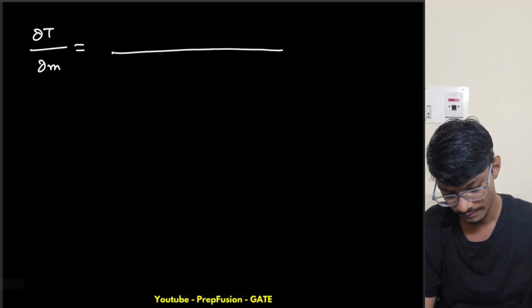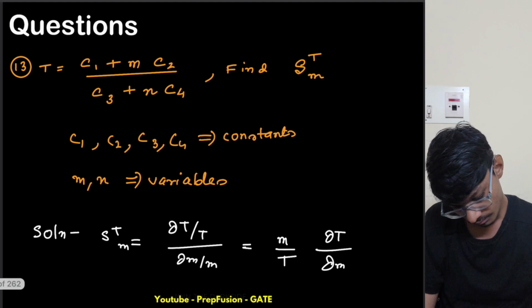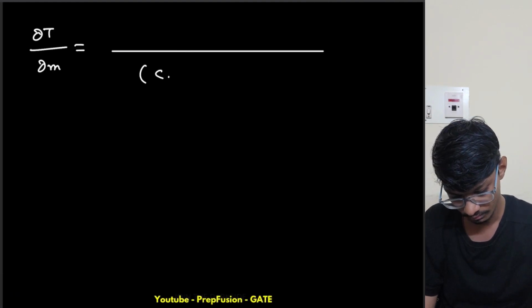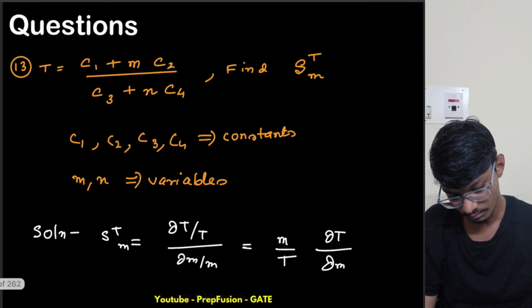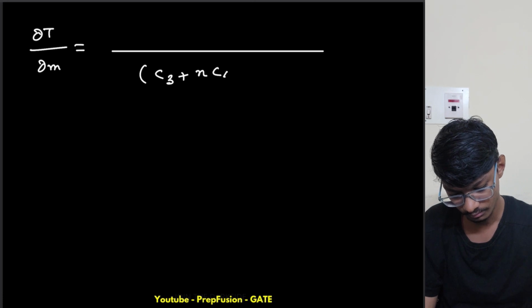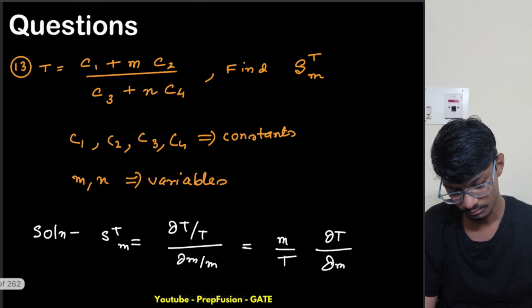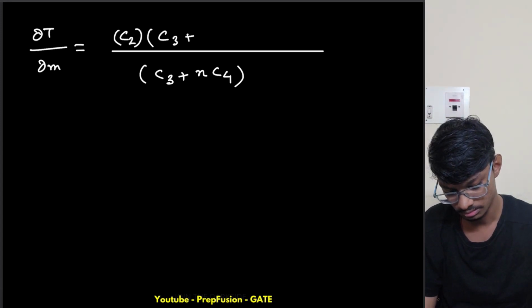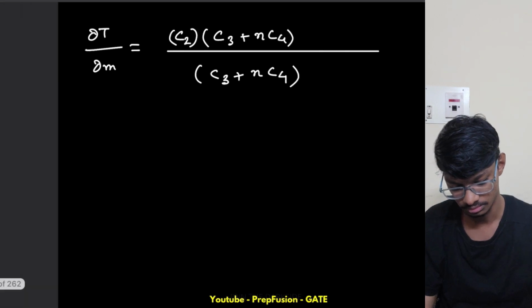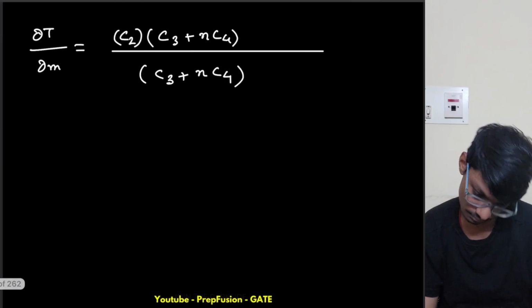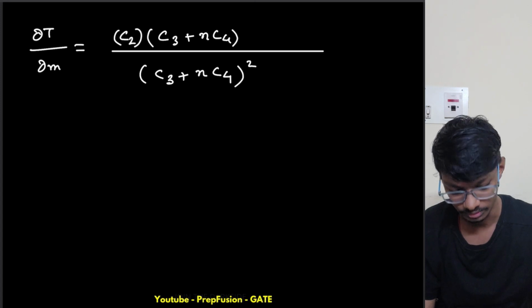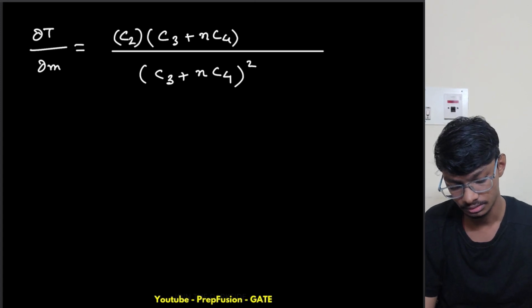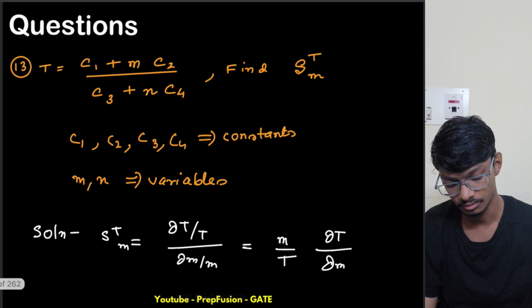The differentiation of the numerator is c2, multiplied by the denominator, minus the numerator times the differentiation of the denominator.